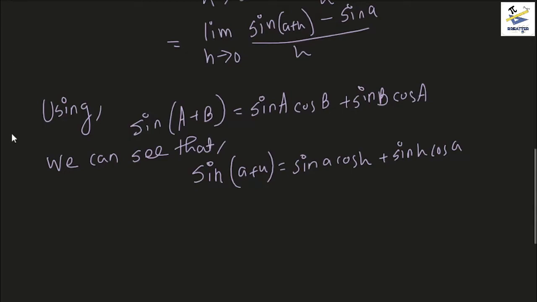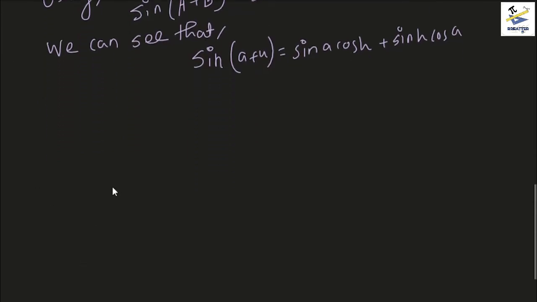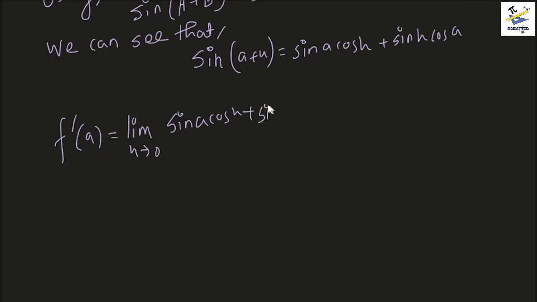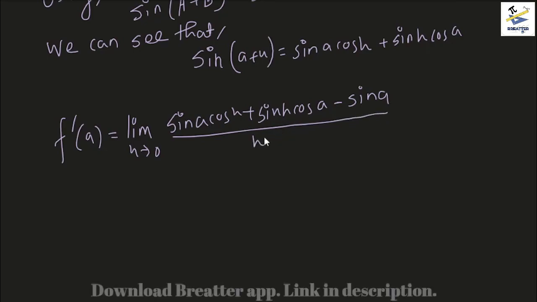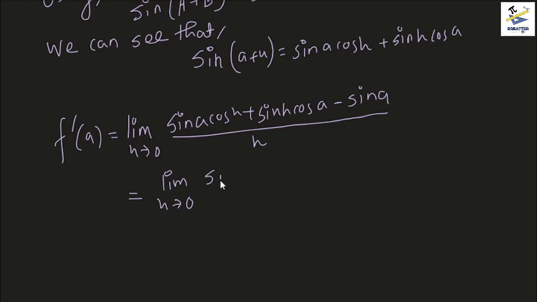So f dash a is equal to the limit as h tends to 0 of sin a cos h plus sin h cos a minus sin a, divided by h, right? So what we can do is take the limit as h tends to 0 of sin h by h into cos a.